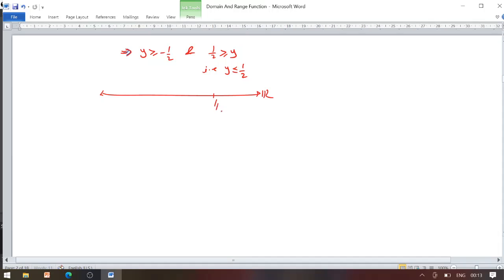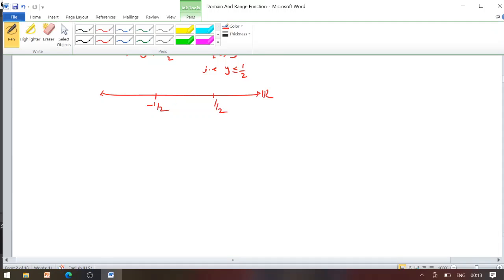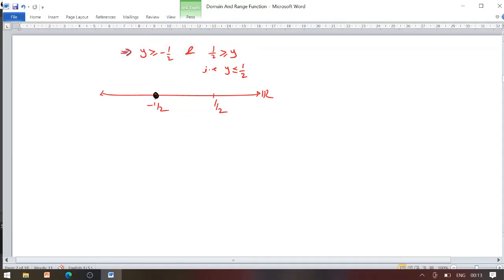Somewhere we have 1/2 on it and to the left of it we have -1/2. Now y ≥ -1/2 means -1/2 is included, and whatever value lies just to the right of -1/2 is also allowed. And 1/2 is included in that interval, and y ≤ 1/2 means whatever real value lies to the left of 1/2. So the intersecting part becomes the closed interval [-1/2, 1/2].